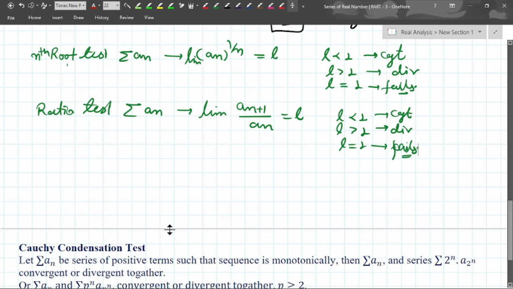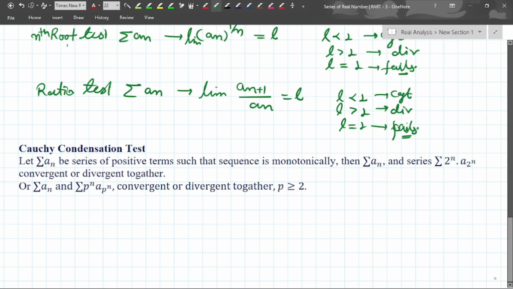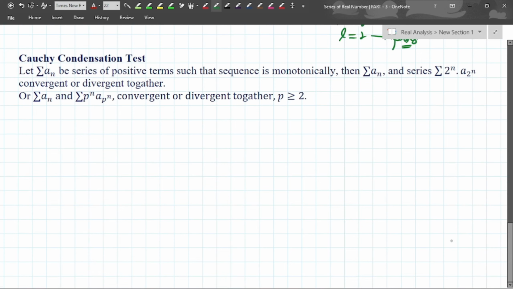So this is one of the important things, and these are the ratio tests. Now we'll proceed with the Cauchy condensation test. This is one of the important tests, and it is for a specific kind of series. There are two cases. I will first take a specific case and then go to the general case.